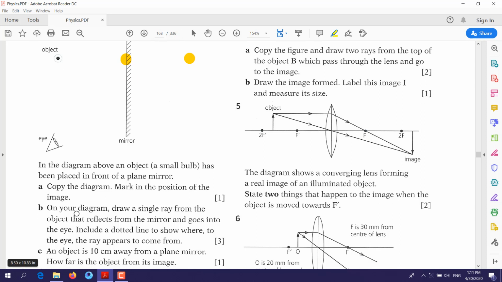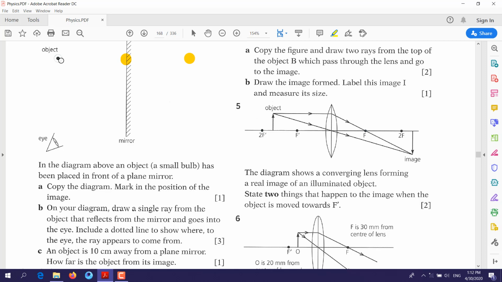On your diagram B, draw a single ray from the object that reflects from the mirror and goes into the eye. Okay, here we have the object, here we have the eye. This eye will see the object by the mirror. So how will this happen?